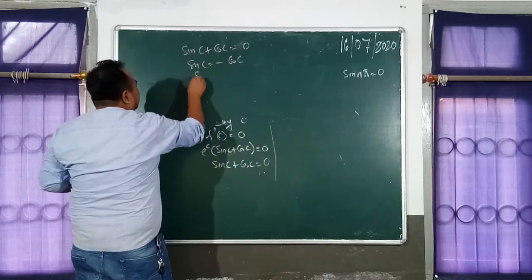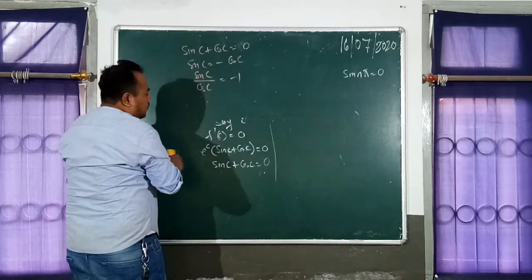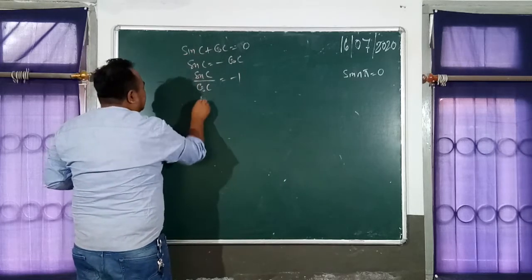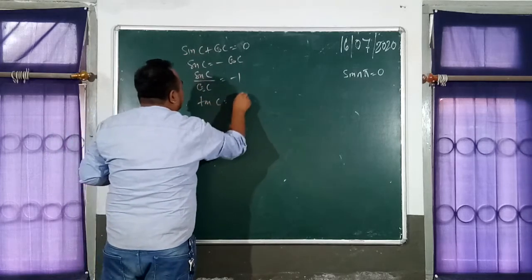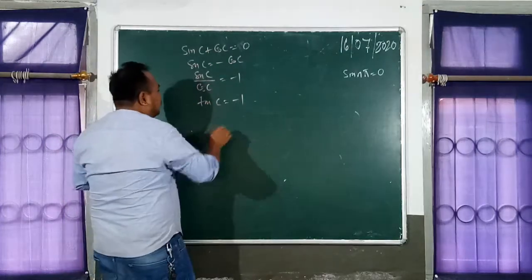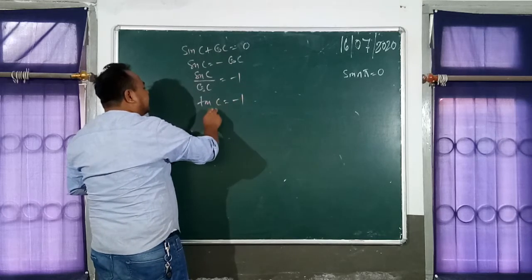Bring cos down. So you get sin c divided by cos c equal to minus 1. What is sin c by cos c? It is tan c equal to minus 1. Tan c equal to minus 1. Now I need to convert this also in terms of tan so that I can get the value of c.